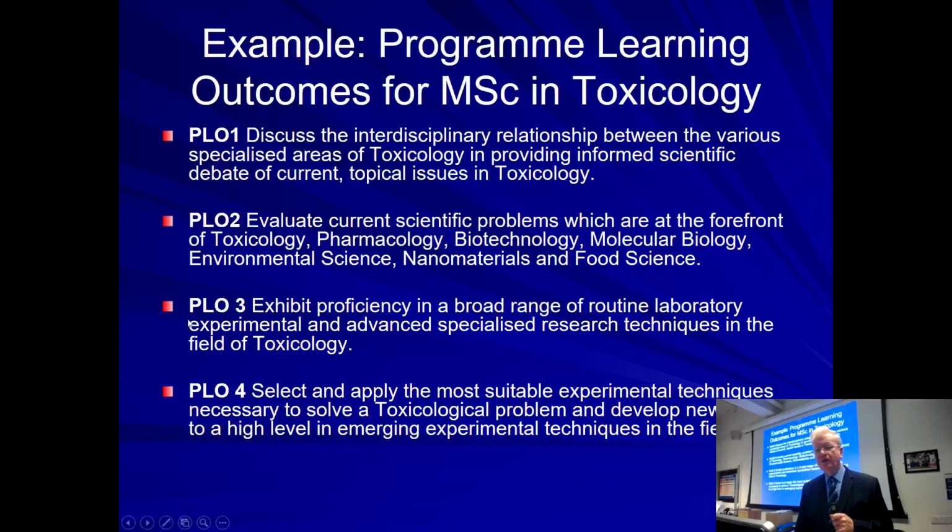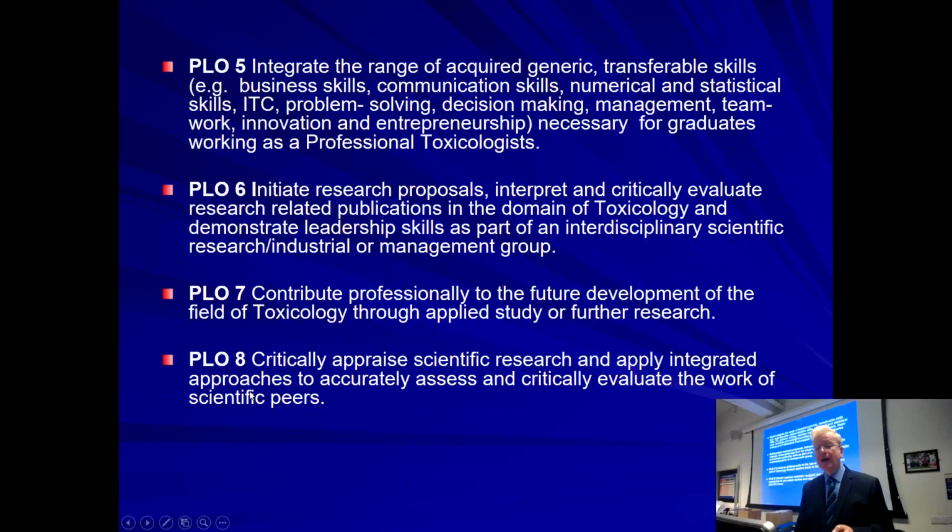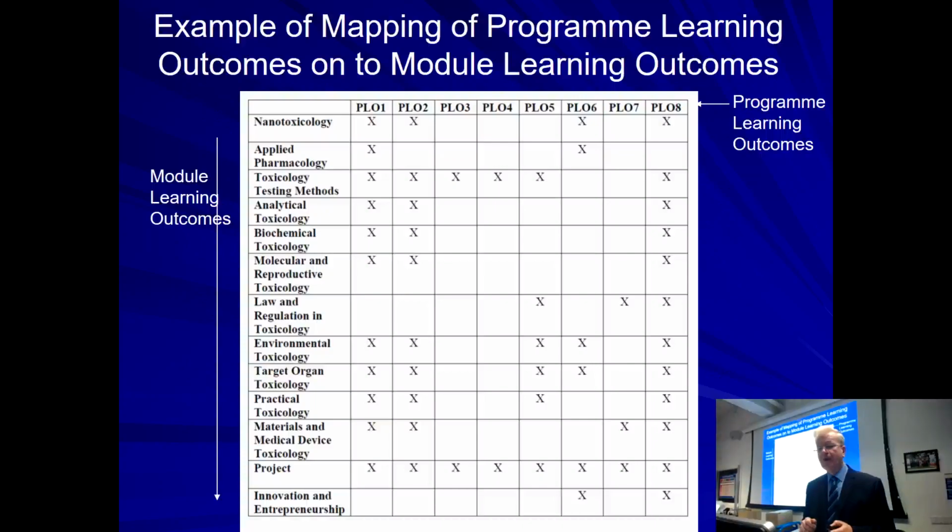So here we have the program learning outcomes 1, 2, 3 and 4. And 5, 6, 7 and 8. So each of those were clearly written according to the rules, and each program learning outcome was actually numbered to help make my job that bit easier. Now, what did the program director do?